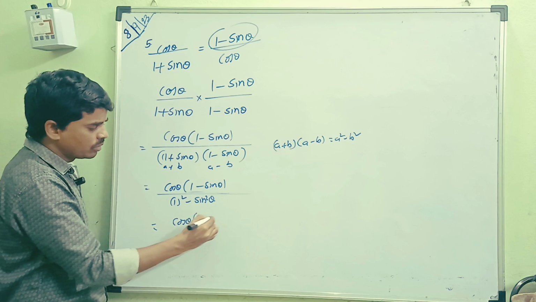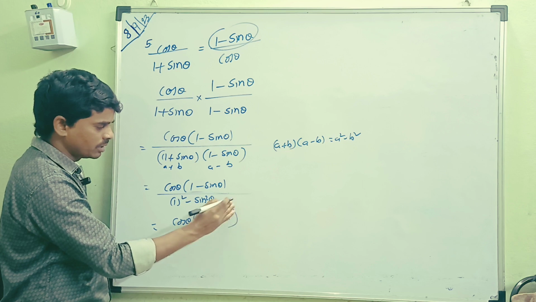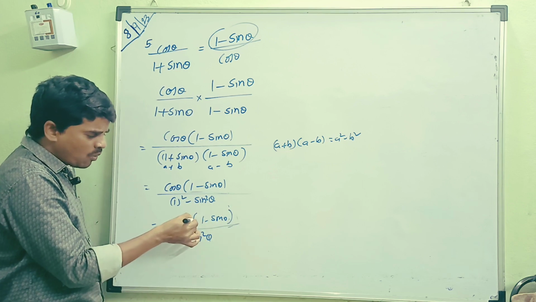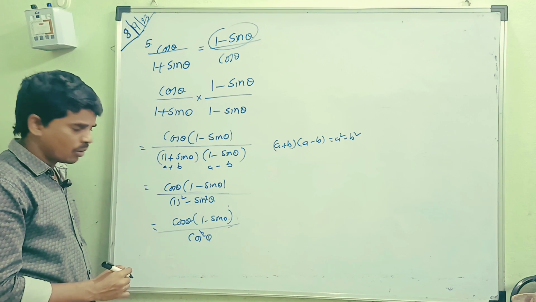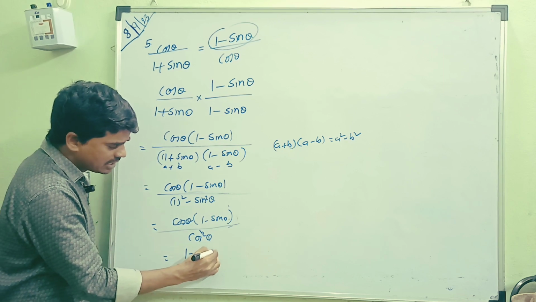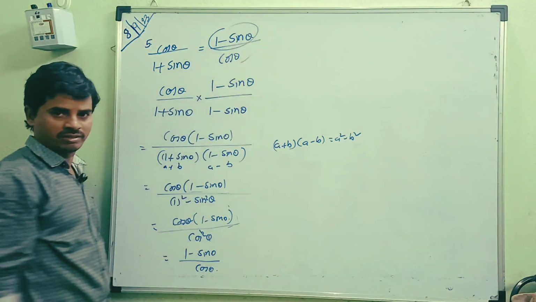So cos theta into 1 minus sin theta by cos square theta. Now cos and cos square, one cos will be cancelled. Okay? One cos will be cancelled, and we will get 1 minus sin theta by cos theta. So that is the required answer.